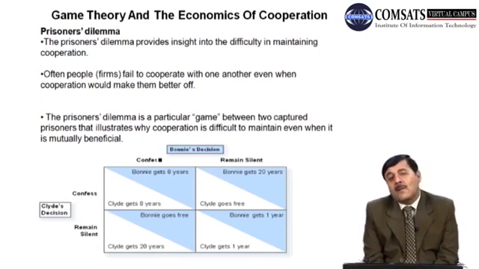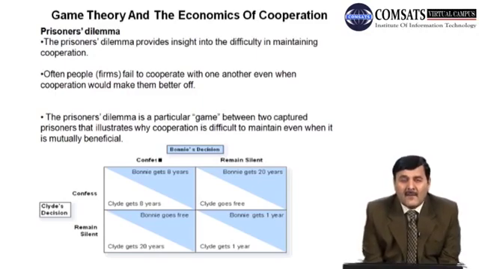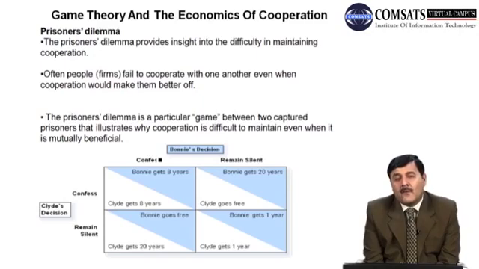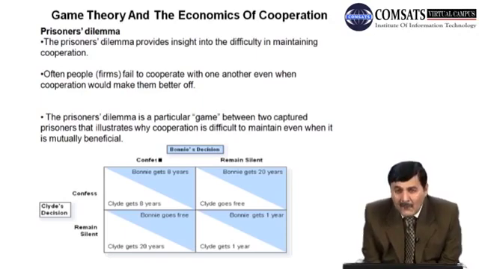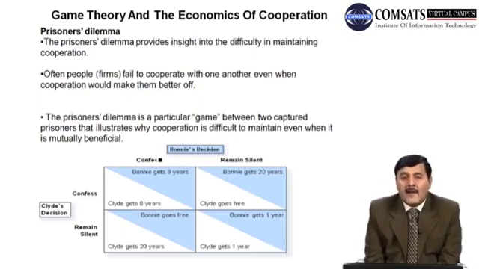And then similarly when the authorities ask Clyde separately which strategy he is going to adopt, he also thinks that he is going to confess, so he is not going to cooperate with the other prisoner, so he is going to confess also, and then the best strategy for him is confessing.